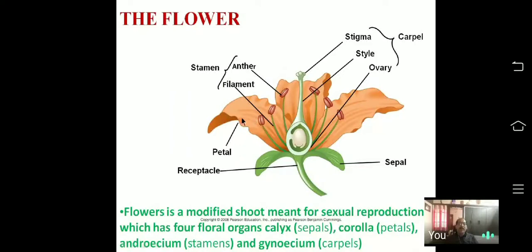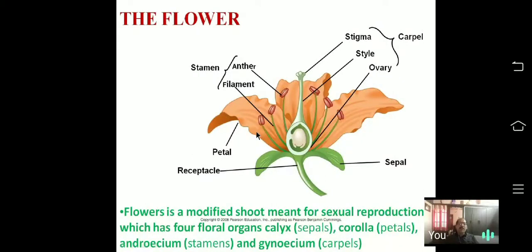But in the absence of either corolla or calyx, reproduction can take place. So these two whorls are called non-essential whorls.